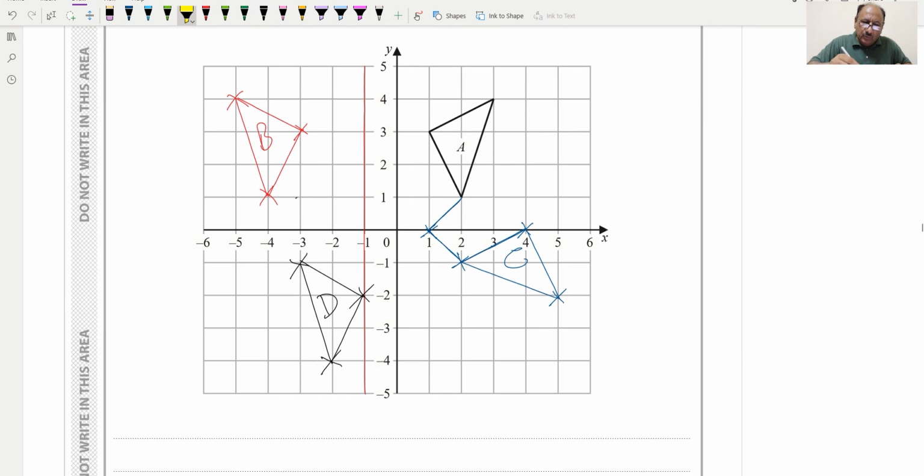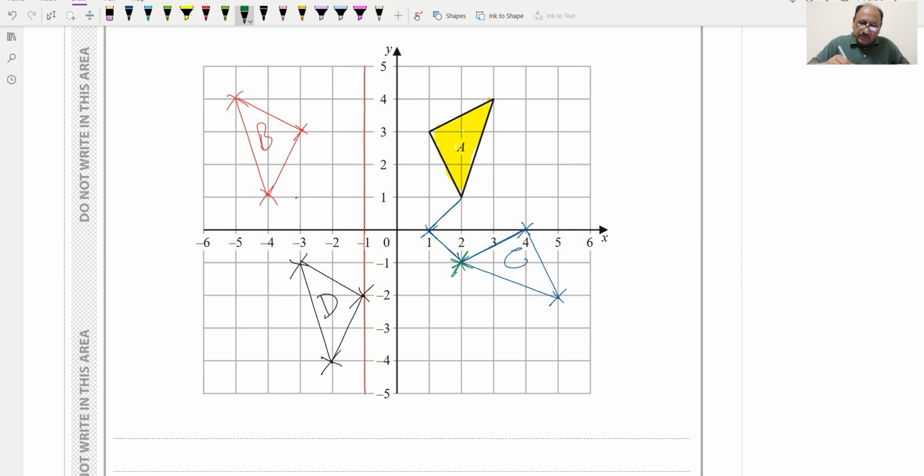So we have to reflect this in the line. So we will be taking this one reference 1 unit, so 1 unit down. So this will be the point. I'll change the color, and we'll take this point which is same as 2 and minus 1.